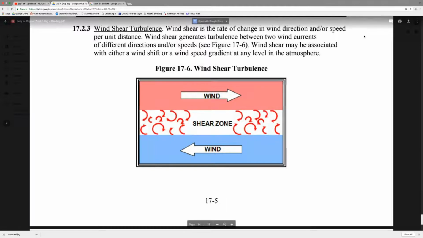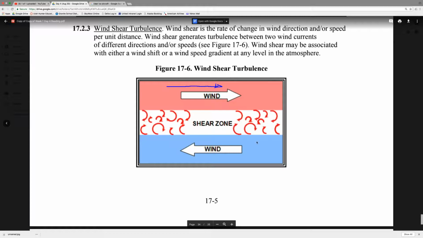So wind shear, this is what we get a lot of going into Aspen. You'll have wind going quickly one way, and then you'll go through this weird pocket of nothing.